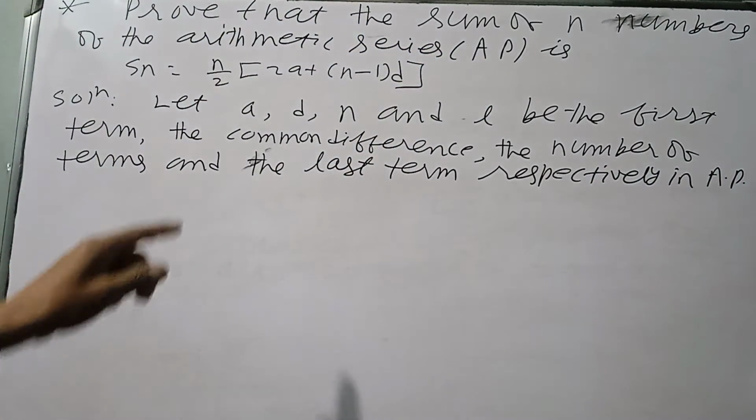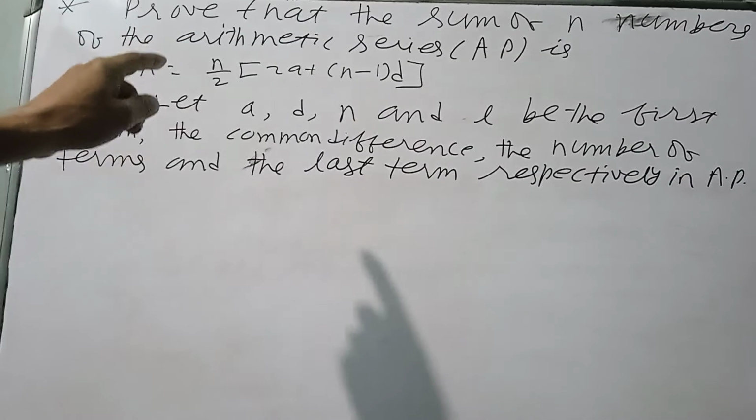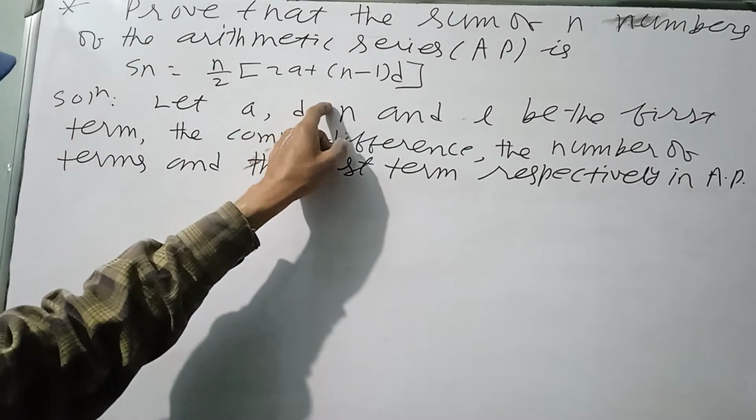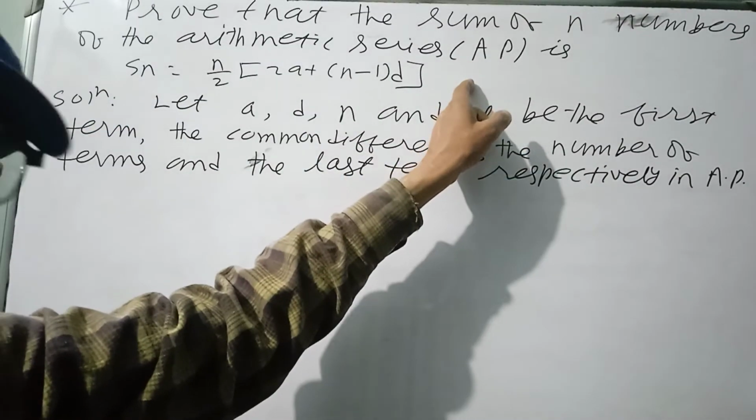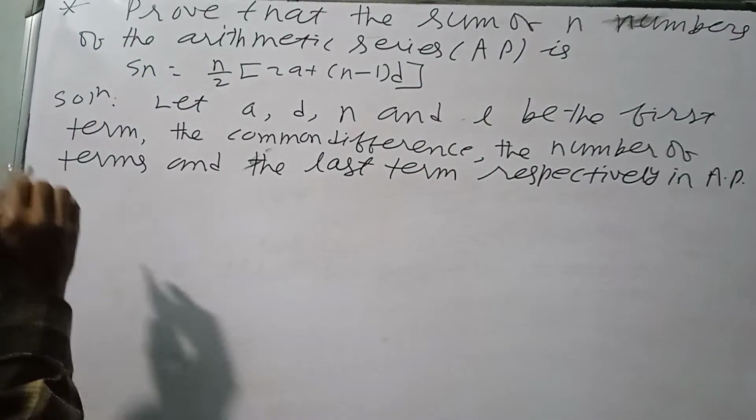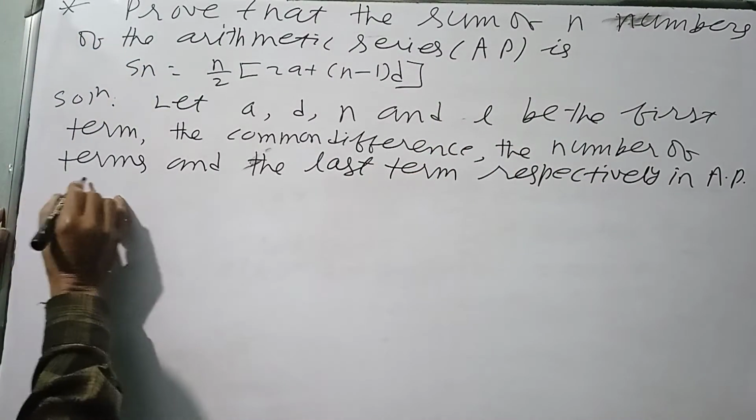There is an AP. A is the first term, d is the common difference, n is the number of terms and l is the last term. So we can write in this way.